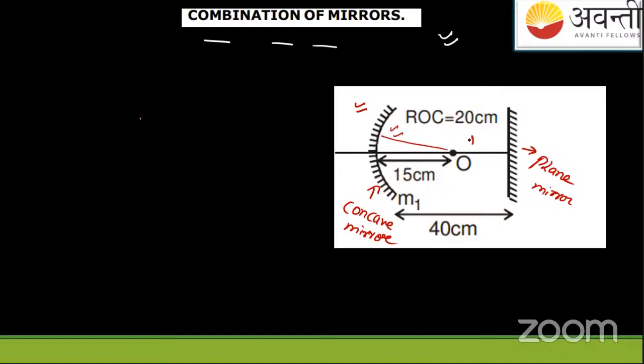Then you will get the first image. That image will act as an object for the plane mirror. Then you will get a second image, and the second image will act as a virtual object for the concave mirror again, and there will be a third reflection.